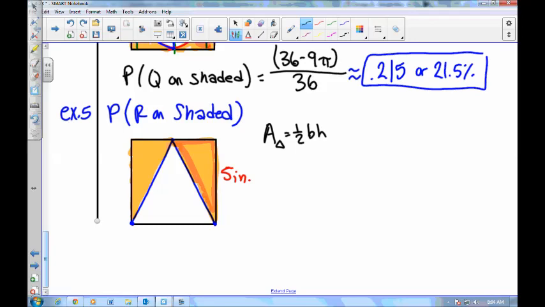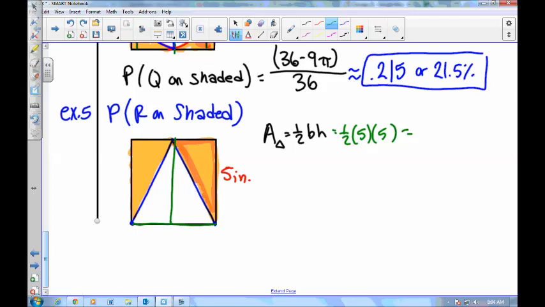Okay, Anna, what is the base of this triangle? Just 5. And what is the height of the triangle, Anna? 5. Good. So, 5 times 5 is 25 divided by 2.